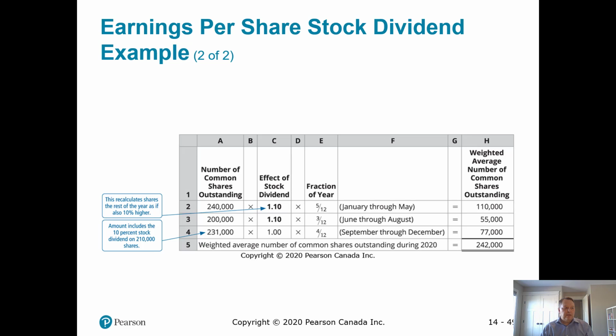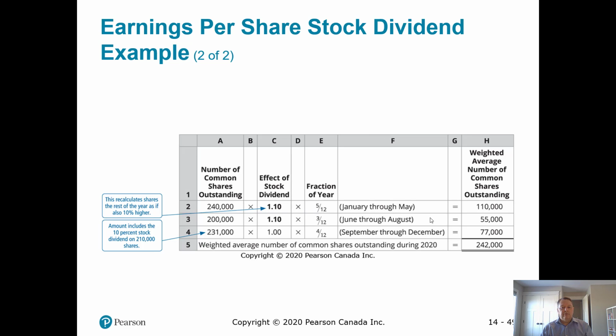If we had 240,000 shares outstanding, then we have to add in a column for the effect of the stock dividend. So it was a 10% stock dividend. So we would multiply times 1.1 to get the increased number of stocks. And then we go through the same calculation.